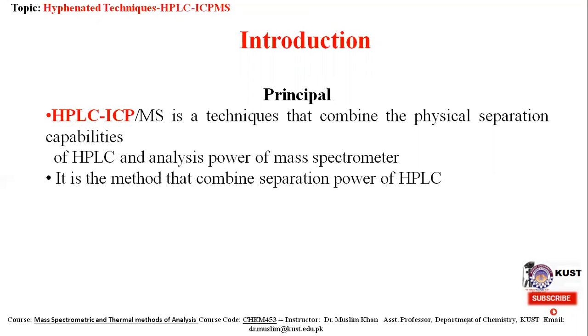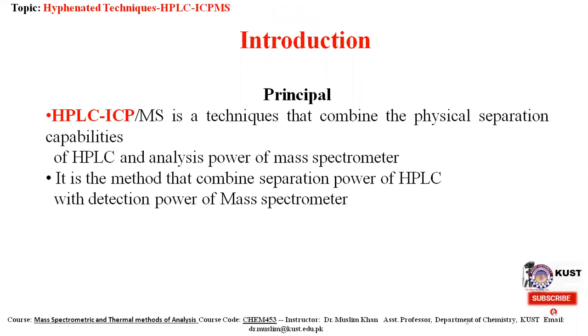It is the method that combines the separation power of HPLC, as I mentioned, because HPLC used in analytical chemistry is a very good technique for the separation of different components in a mixture. And on the other hand, mass spectrometer is a very good analytical technique having a very good detection power.